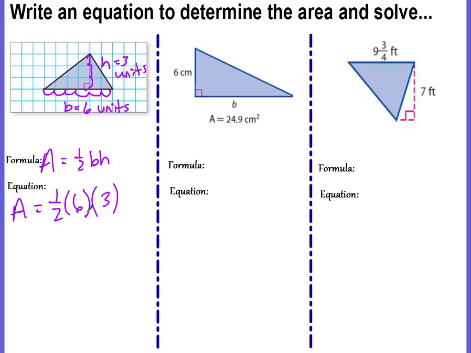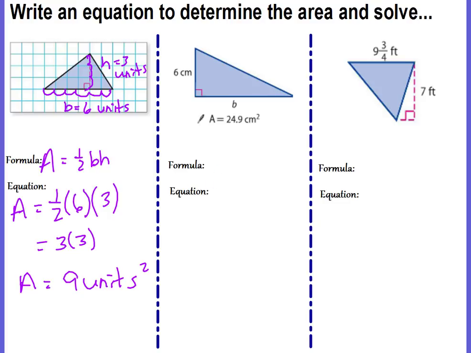Recall, half of something means to divide it by 2. So I can do this mentally and make it easy for myself and look for one of the factors that's even and take half of it. Since the 6 is even, I'm going to take half of 6, and that's going to leave me 3. Then all I have to do is multiply it by the height, which is 3. So my area is going to be 9 units, and since this is two-dimensional, it's going to be squared.